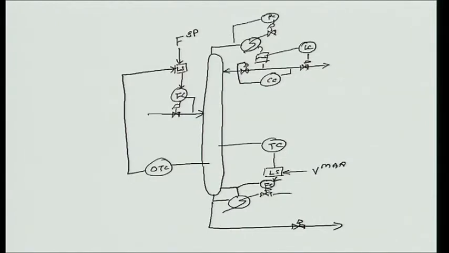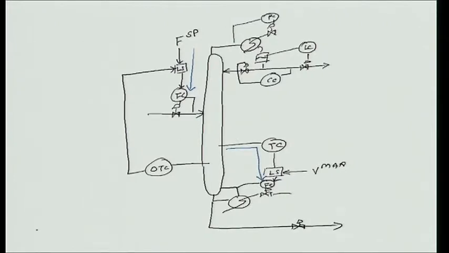Okay, so we were talking about the override temperature control scheme, there was some technical glitch. So, what I wanted to say was that when I am running at low throughputs, let us see, ink color is let us say blue. At low throughputs, flow is fixed and temperature is controlled this way.